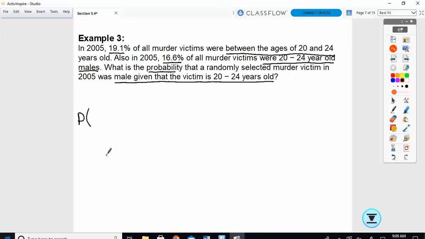So I like to write things out in my probability notation, just to tie everything together and help you identify where on your formula sheet you might look. I'm asking for the probability of a male given the person was 20 to 24 years old.